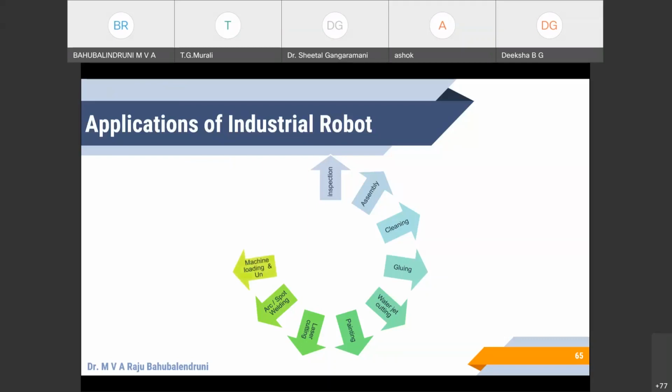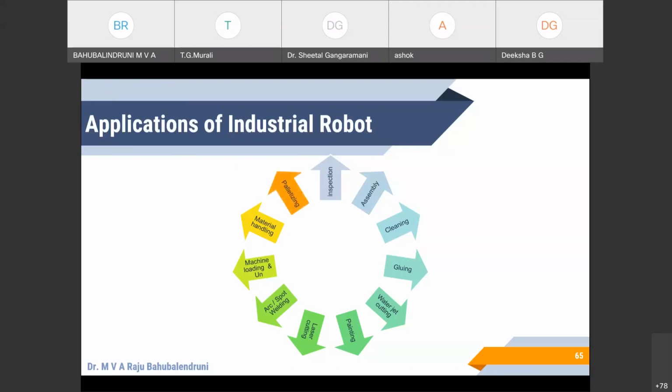And then machine loading and unloading. Typically this is a repeated task where a human can tend to fatigue due to the repetitive task. So robots are very much used for machine loading and unloading applications. And finally, material handling: when you want to transfer material from one location to another specific location, robots with some artificial intelligence are very helpful to handle material within warehouses.